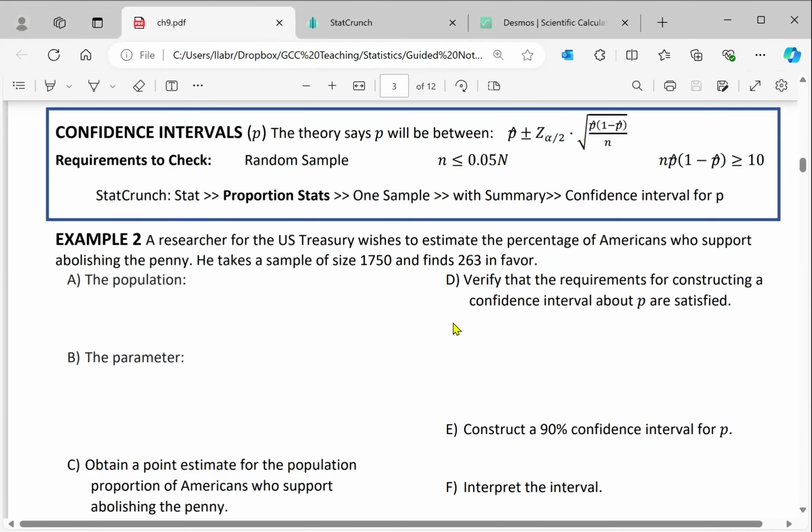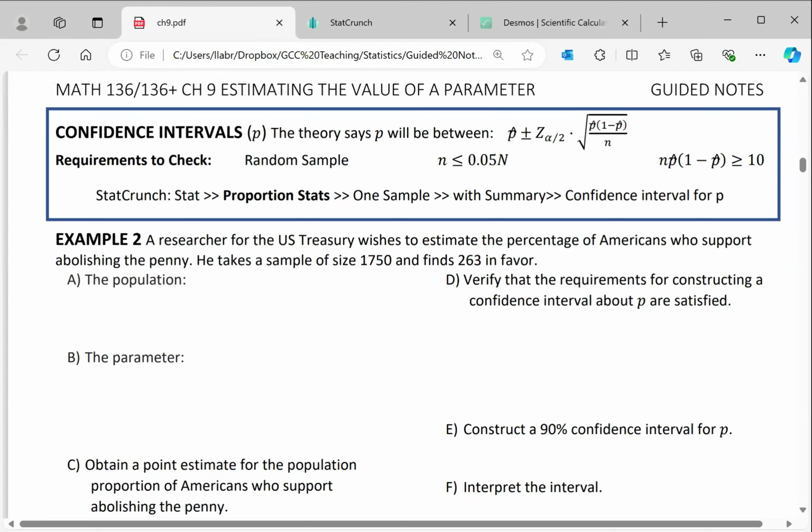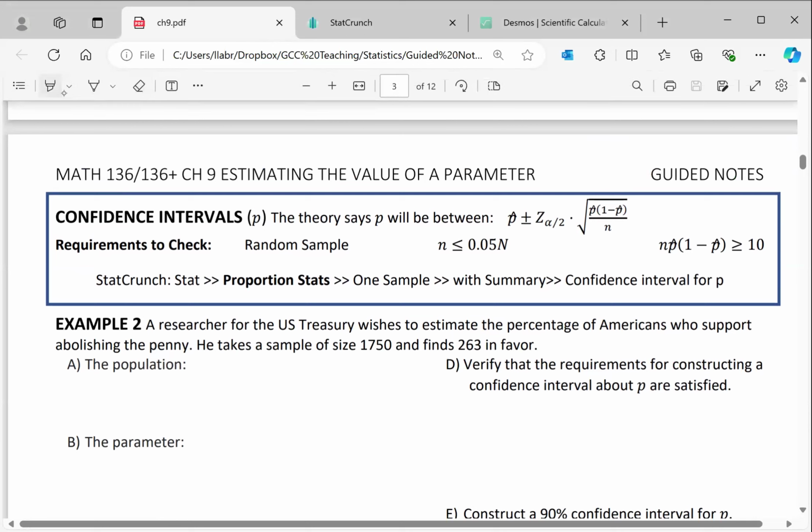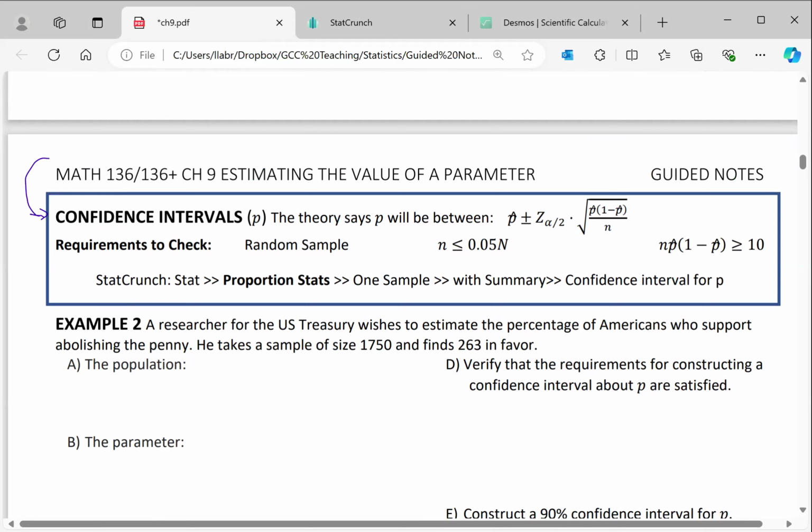All right, everyone. So let's go ahead and take a look at creating a confidence interval for a proportion. So remember that the confidence interval here is in essence an interval which will contain the true proportion, or we hope.